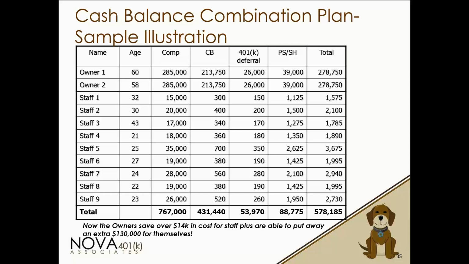But now we're giving them a 3% safe harbor and 2% profit sharing, or 5% profit sharing, and we are saving the owners $14,000 in employee cost, and we're able to get the owners an extra $130,000.